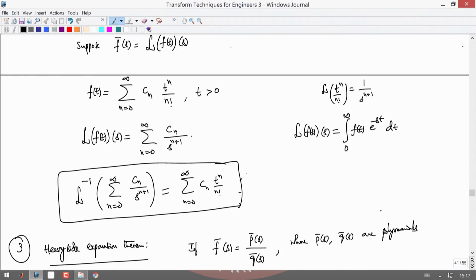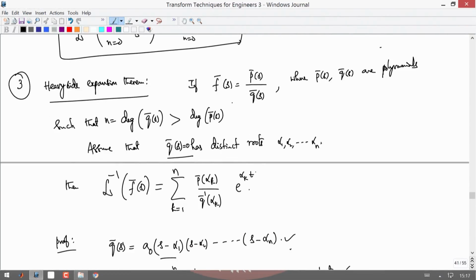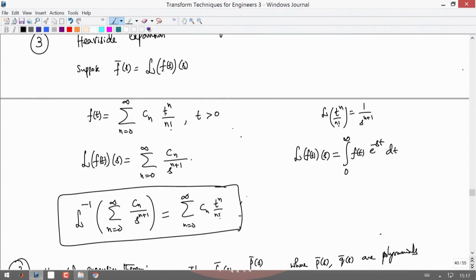Okay. So, we can use this, because we are seeing that this is a kind of Heaviside expansion theorem. Here of course, we have only finitely many terms. Sometimes it is not a Heaviside function, but you have a series form, and you can do term by term Laplace inversion.